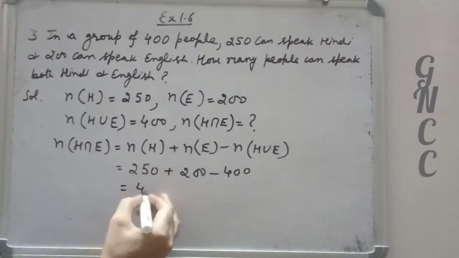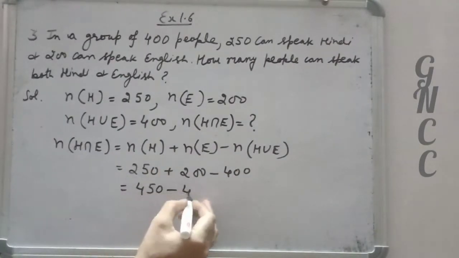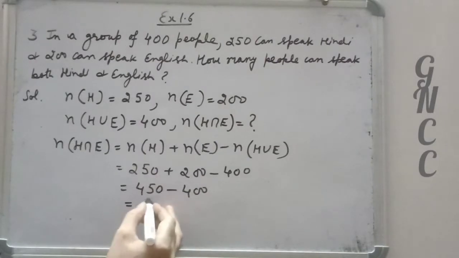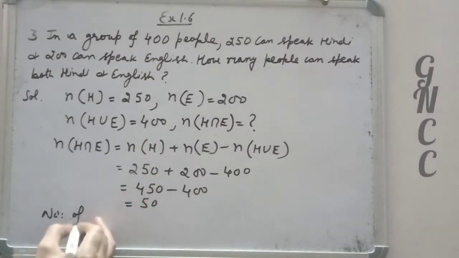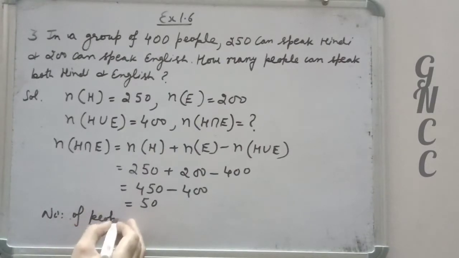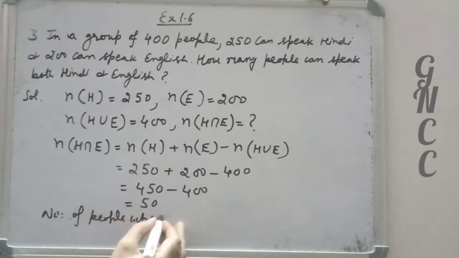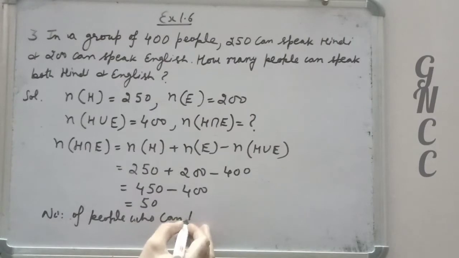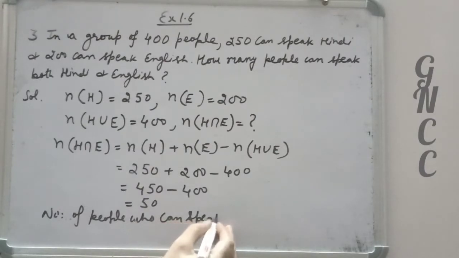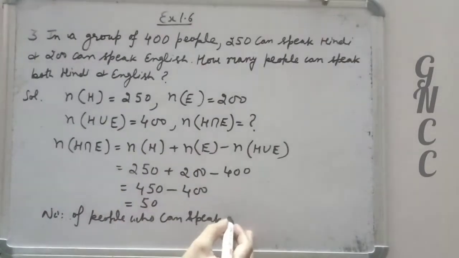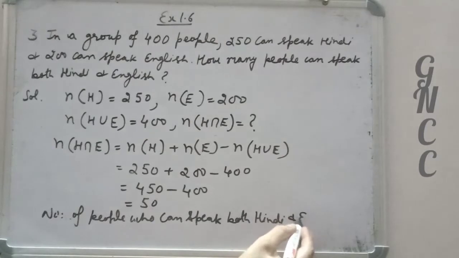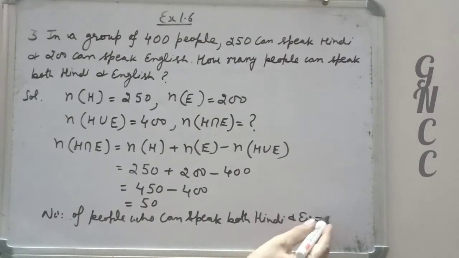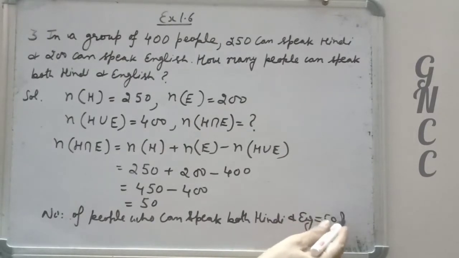This is 450 minus 400. This is 50. So number of people who can speak both Hindi and English is equal to 50. This is the answer.